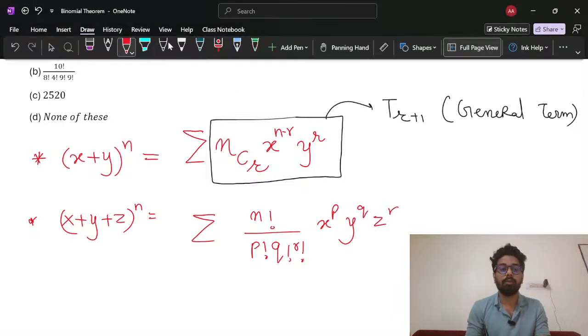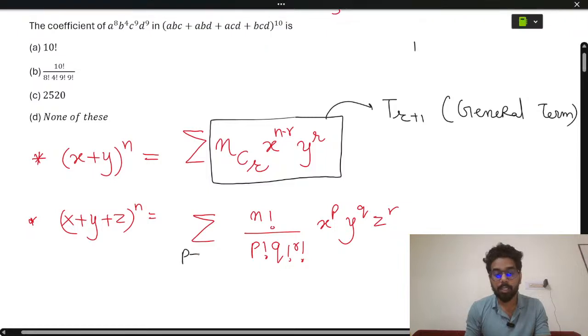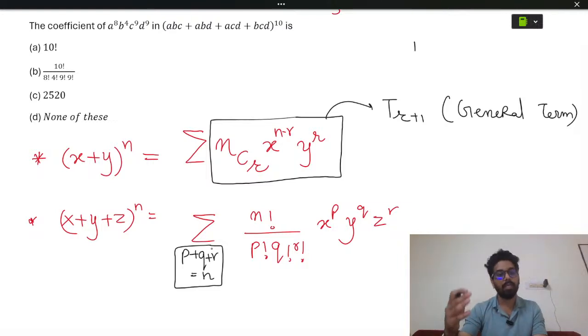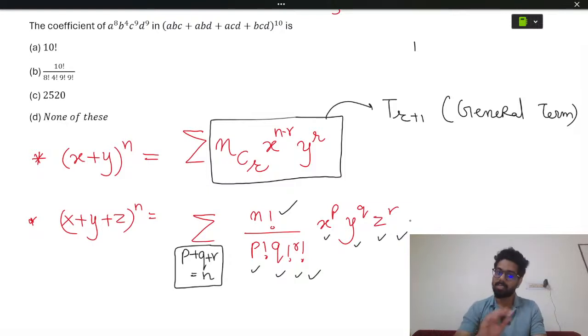Here you have to keep one thing in mind, that p plus q plus r is equal to n in total. This is what we have to balance, that's all. In the same way, for four terms it is n factorial upon p factorial, q factorial, r factorial, s factorial, x power p, y power q, z power r, w power s. Same way.